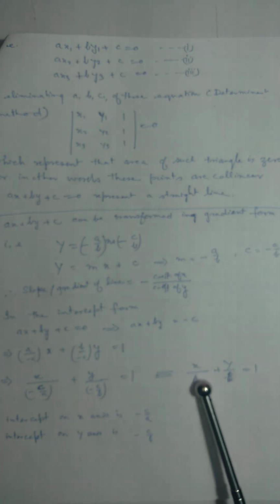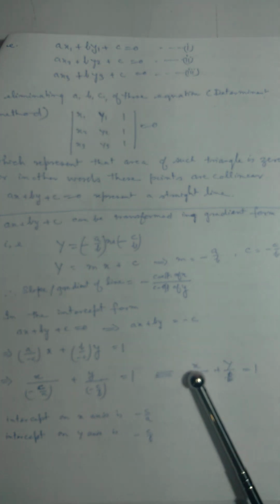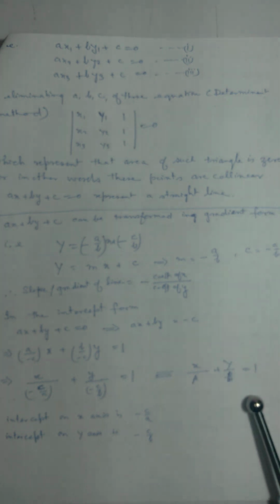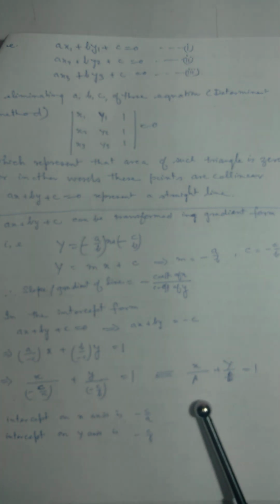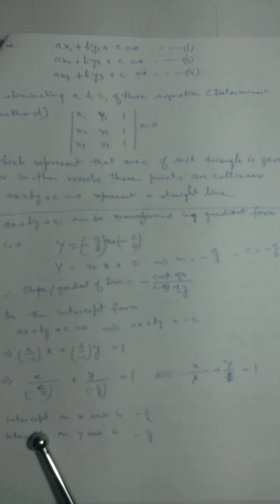Now further you can solve it, that is in the form of x by a plus y upon b is equal to 1. It is in the form of the intercept form. So the intercept on the x-axis is minus c by a. Here I have mentioned it. Minus c by a. The intercept on the y-axis will be equal to minus c by b.